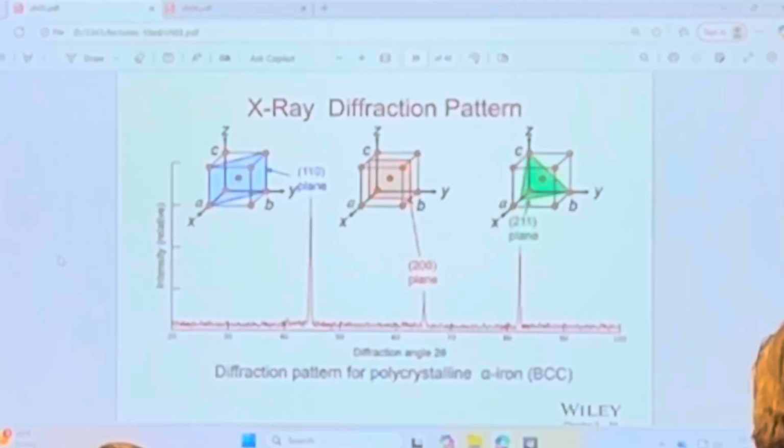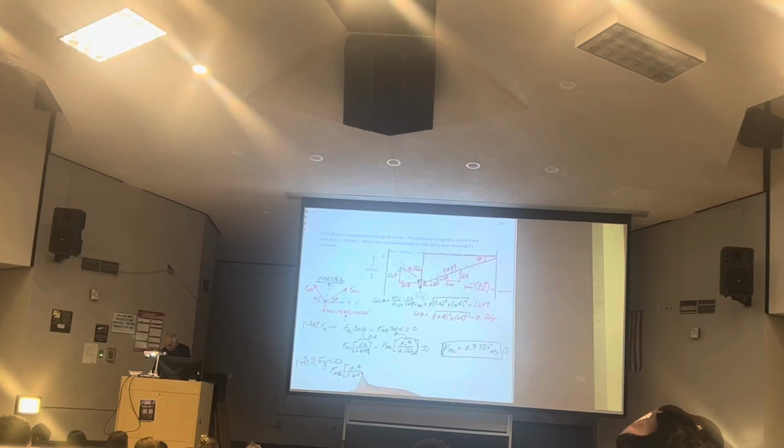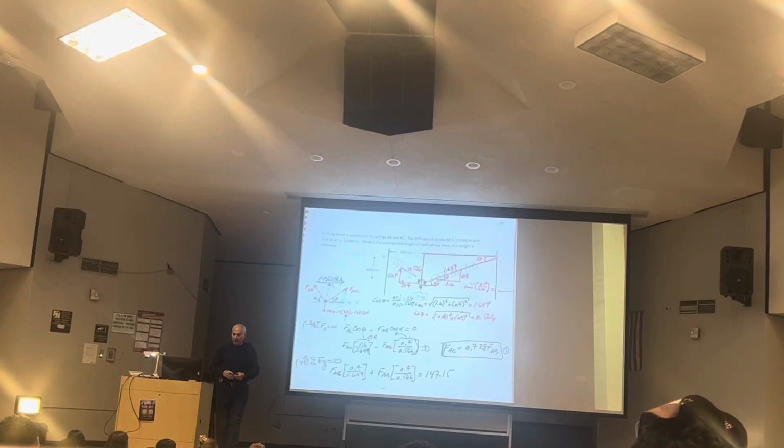Didn't get an answer, it's okay, don't panic. Sum of forces in the y equals 0, positive upward. That's going to be FAC using slopes only times 0.4 over 1.649 plus FAB times 0.4 over 0.566 is equal to 147.15, or minus 147.15 equals 0, same thing as saying equals 147.15, right?